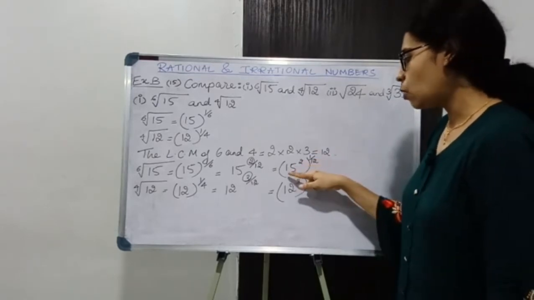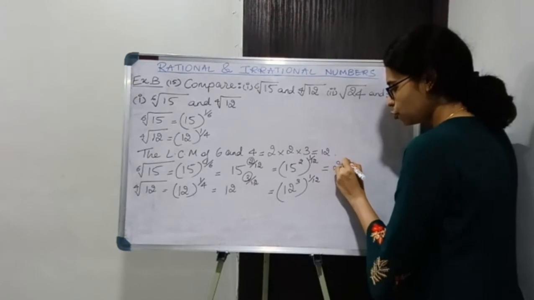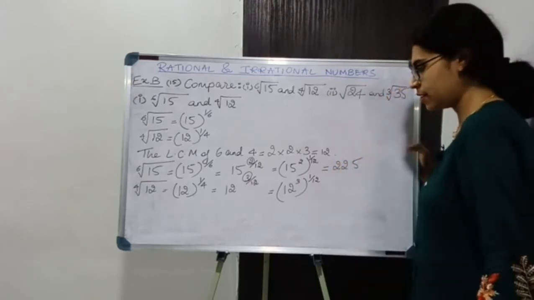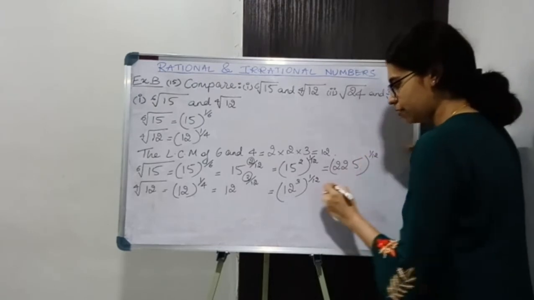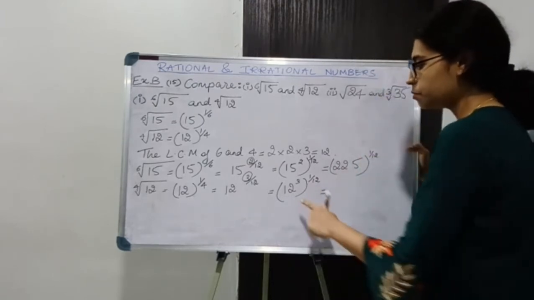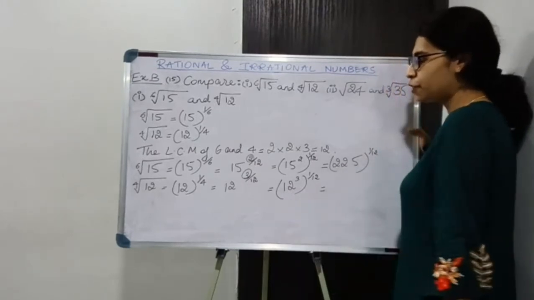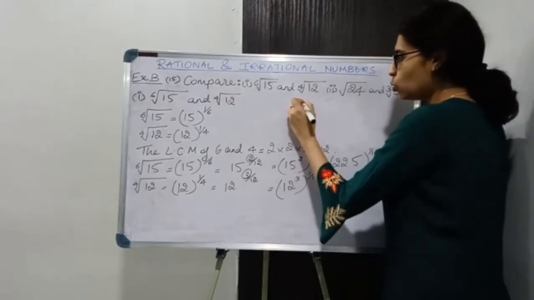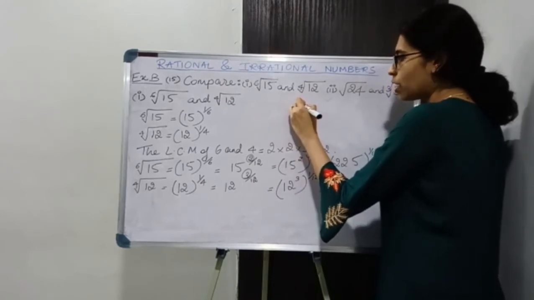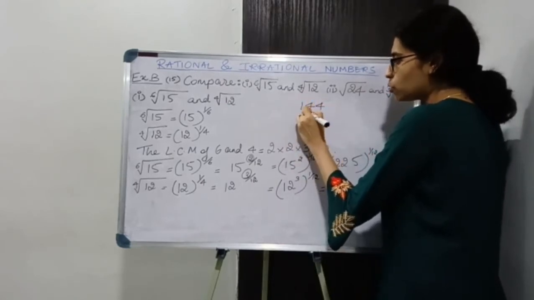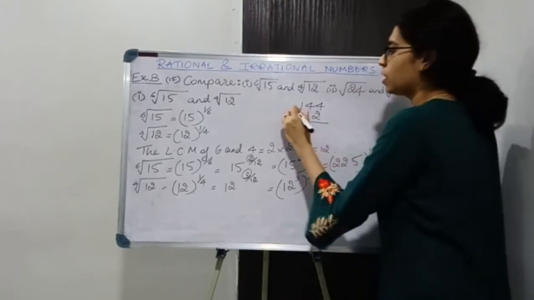Okay, now 15 का square, it is going to be 225 raised to 1 by 12 and 12 का cube. So let us find the value of 12 cube now. 12 square is 144. So 144 into 12 हो जाएगा. One more time.